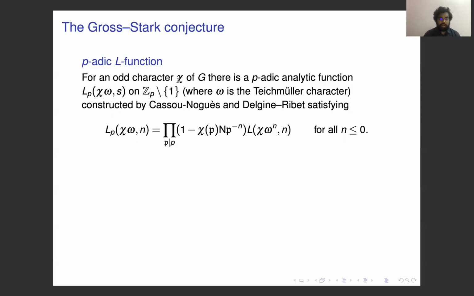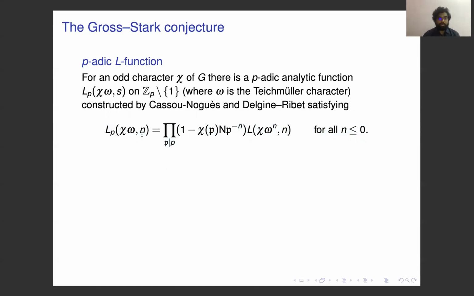So again, let chi be an odd character of our Galois group of H over F. Then to such a chi, we can attach a p-adic analytic function, which I denote by L_p(chi omega, s). This is analytic on Z_p minus 1, so everywhere except at s equal to 1. And it has this interpolation property. Okay, so this is the p-adic L-function of Cassou-Noguès and Deligne-Ribet.